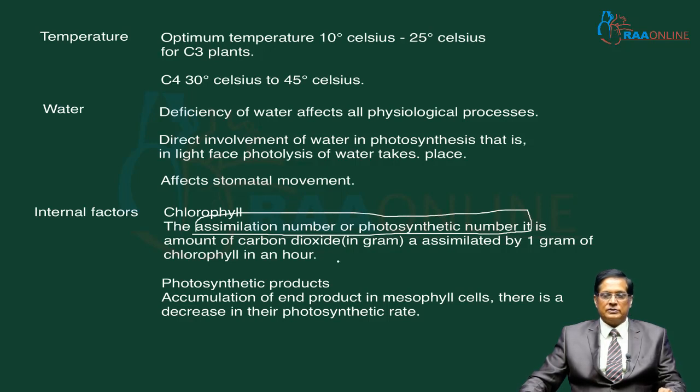Assimilation number or photosynthetic number is the amount of carbon dioxide in grams assimilated by 1 gram of chlorophyll per hour.